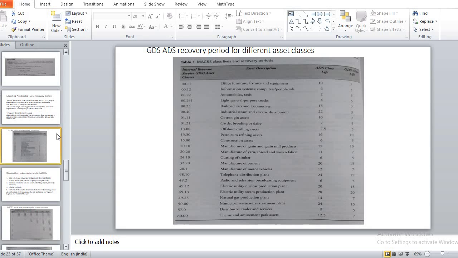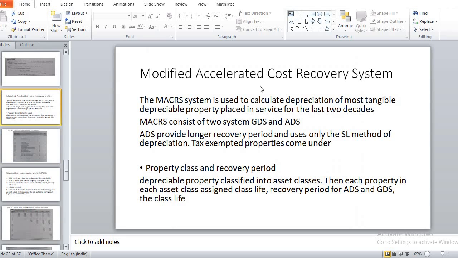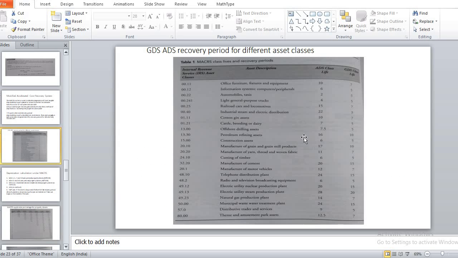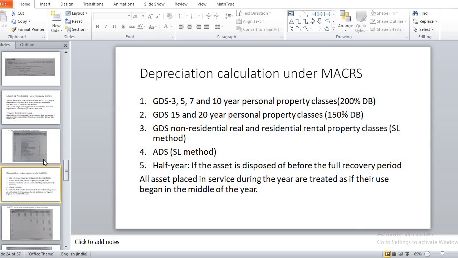So these are the two methods, ADS system and GDS system, in this modified accelerated cost recovery system, and we categorize these properties into some class, assign some number for that particular class, and assign useful life in the ADS system and the GDS system.